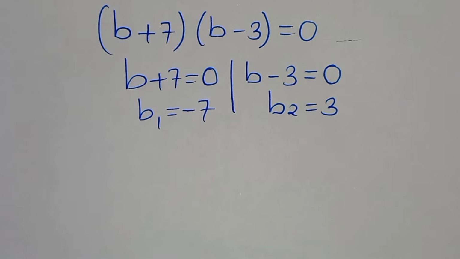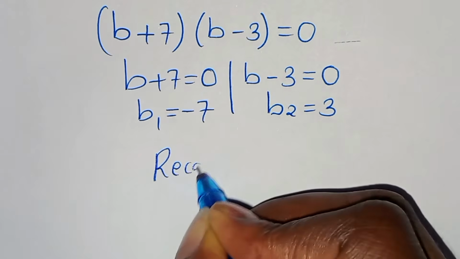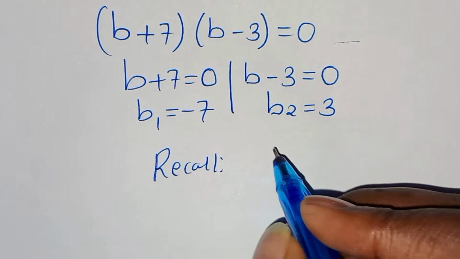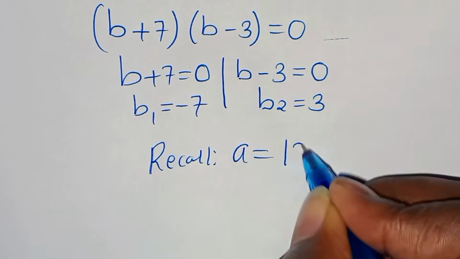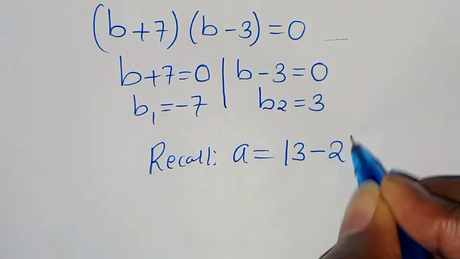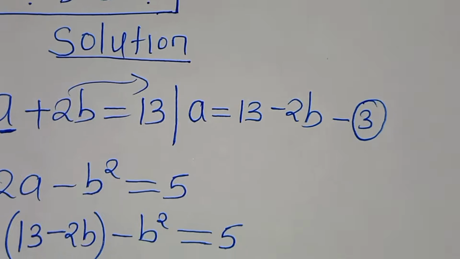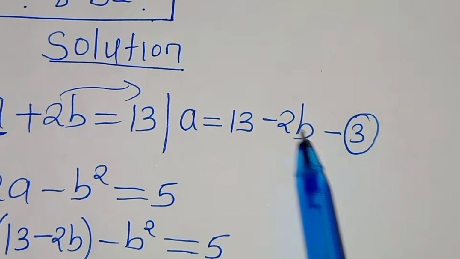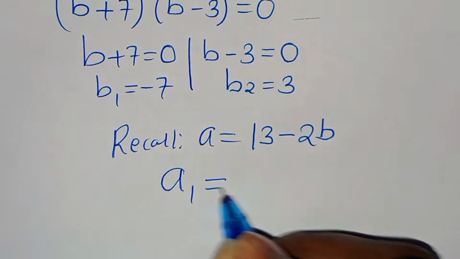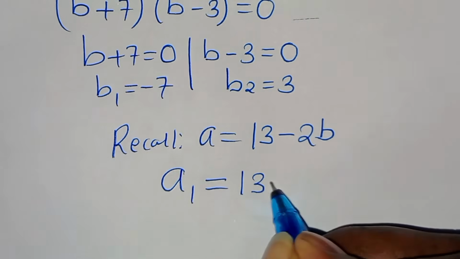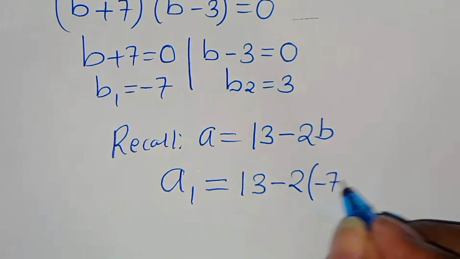So we can proceed to solve for the values of a. Now, if you recall from equation 3, we have that a is equal to 13 subtract 2b. So we can solve for a1. a1 is equal to 13 subtract 2 times b1, which is minus 7.